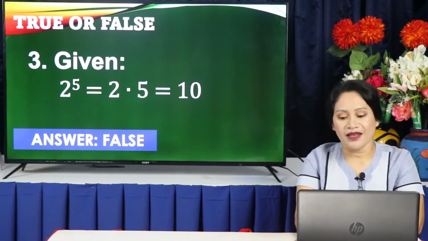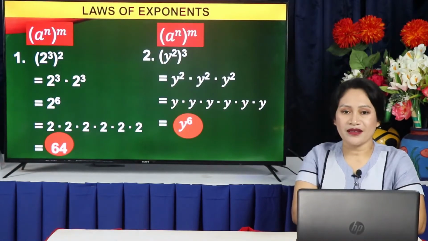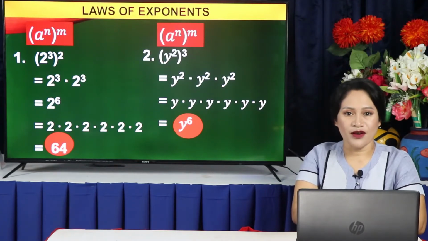Now, let's proceed with our lesson right away. The following exhibits the different laws of exponents for multiplication and division. Let us start the first pattern. Observe the following groups of mathematical sentence. What did you notice? What can you conclude about a to the power of n raised to the power of m?